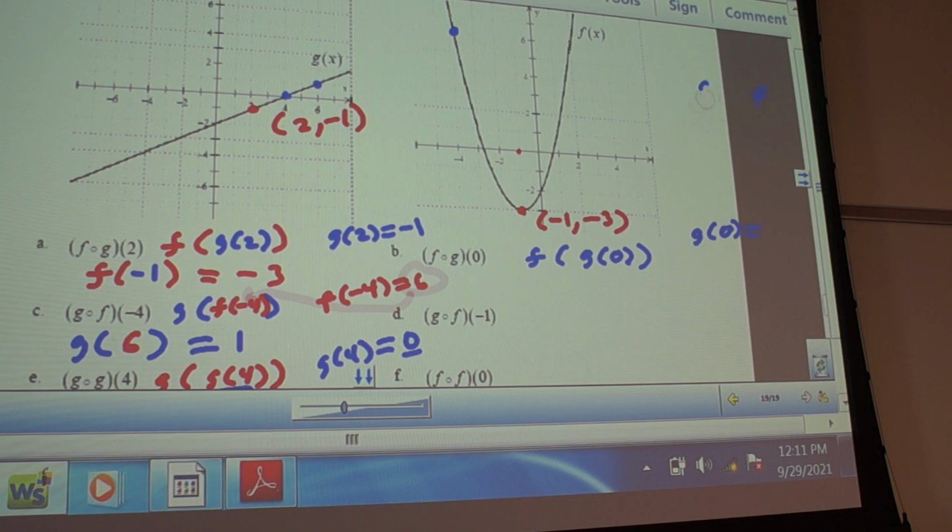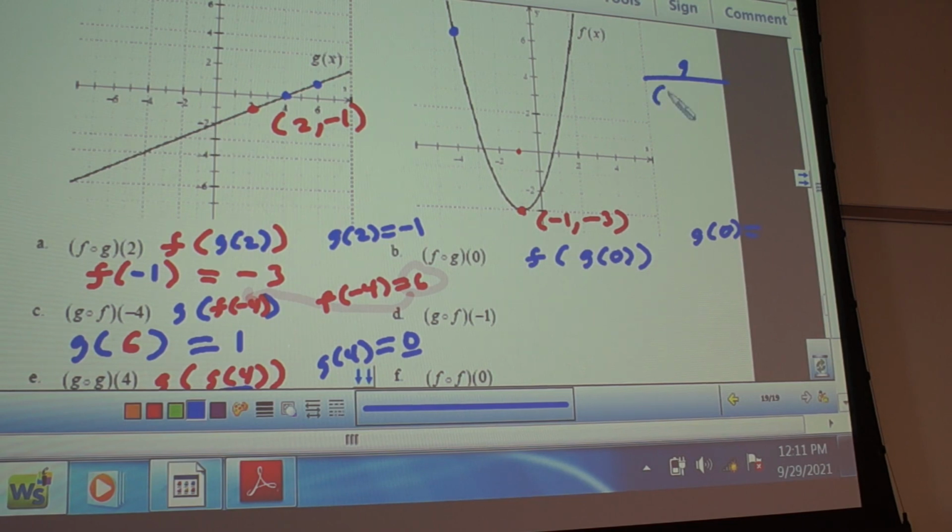G of 0 is negative 2. So would it help you to do something like, G has 0, comma, negative 2, and then find F and say F has negative 2, and then figure out where negative 2 goes to? Negative 2 goes to negative 2. Would that be more helpful to do it that way? And say, I start G at 0, I go negative 2, and then I go F, I go from negative 2 to negative 2.